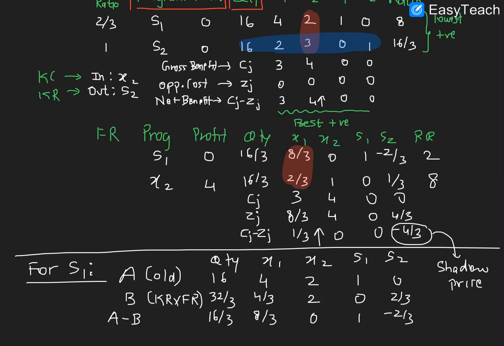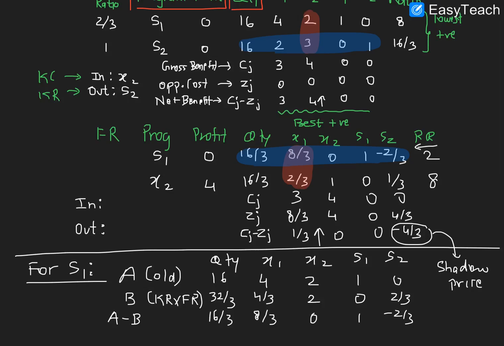Then the other number is 8, and we know out of replacement ratio we select the lowest positive and we mark that as the key row. So this becomes our key row, and along with that we write down what is the incoming variable and what is the outgoing variable.